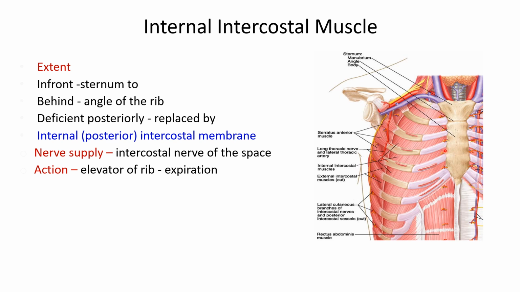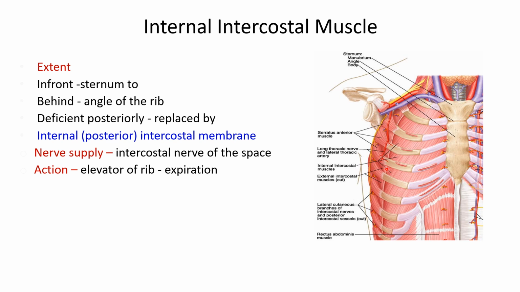And the internal intercostal muscle is extending from the sternum in front to the angle of the rib behind. So it extends from the lateral border of the sternum to the angle of the rib.